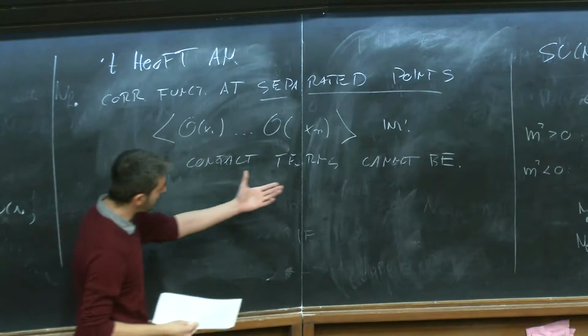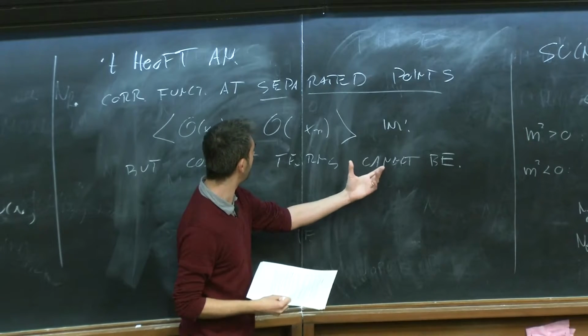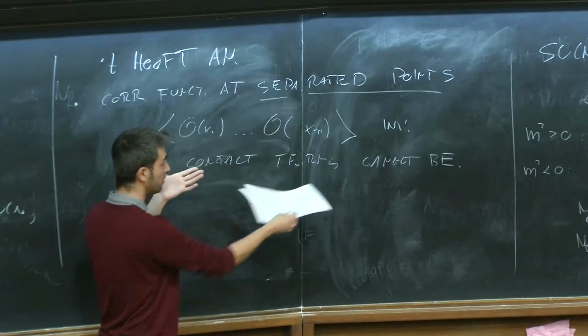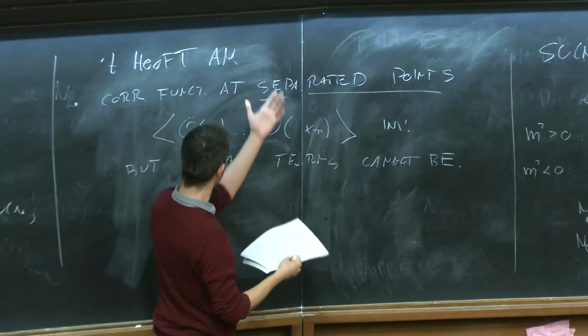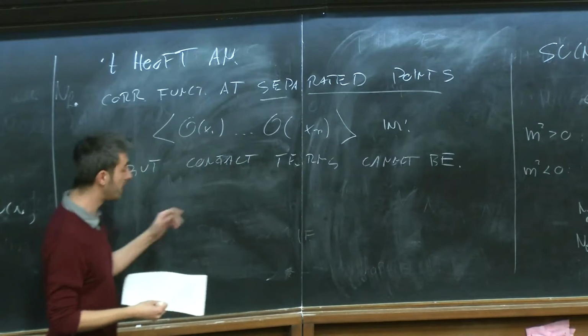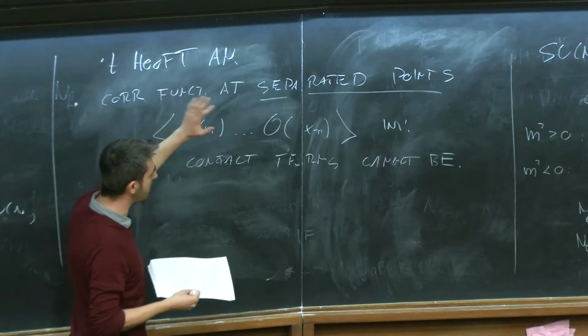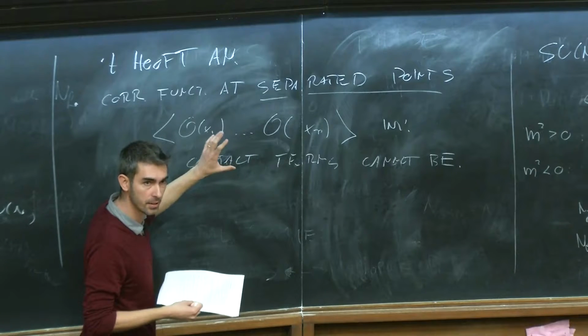And when I say cannot be, I mean that one always has the freedom to add local counterterms to the theory to try to cure this problem, but the statement of the anomaly is that there is no way to do that.